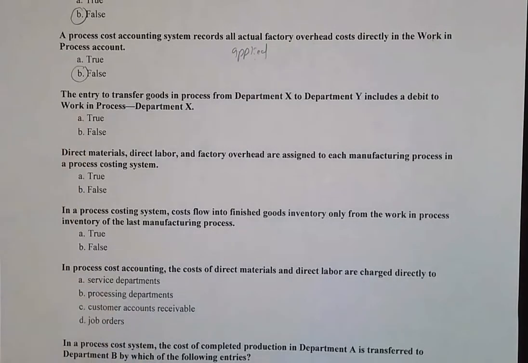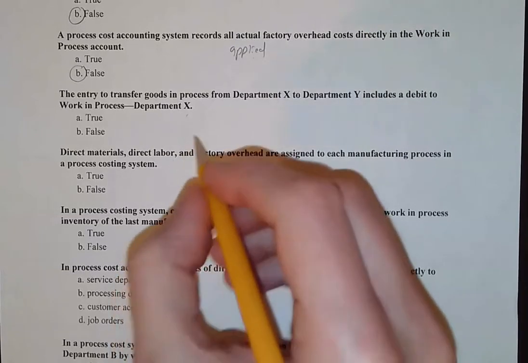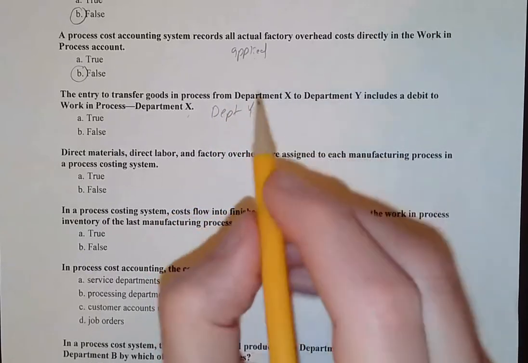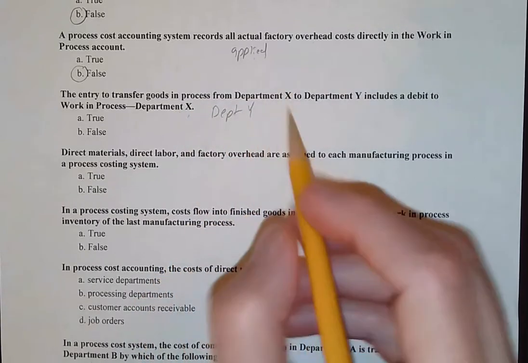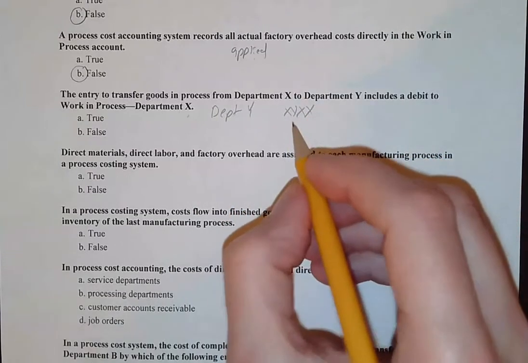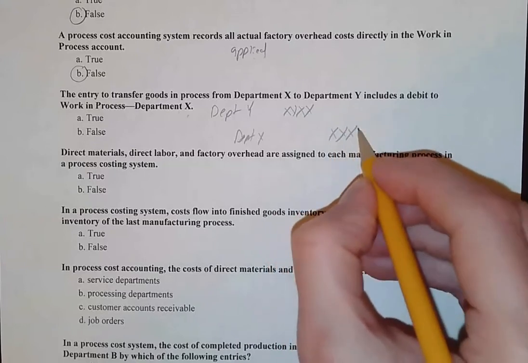All right. Third question here says the entry to transfer goods in process from Department X to Department Y includes a debit to work in process Department X. Well, the work in process in Department X was initially a debit, but what we would actually see here without using any journal entries is we're transferring out from Department X and to Department Y. So that's going to be our debit actually, and then Department X, probably should have used a different letter than X for my fake numbers here.